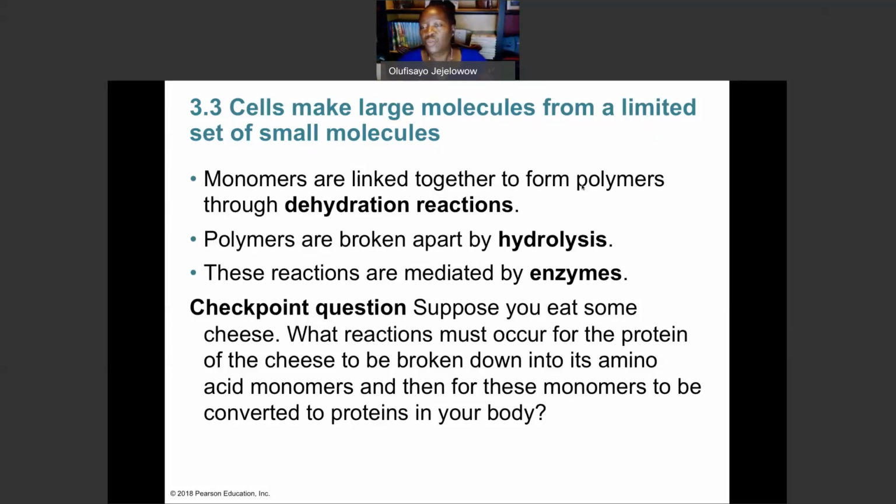Because water is removed, one molecule gives hydrogen, the other molecule gives hydroxyl group, and water is removed. It's called dehydration reaction. Polymers that are built that way can also be broken down by hydrolysis.